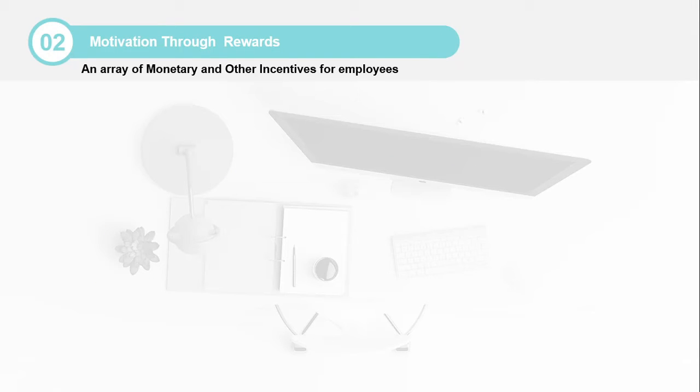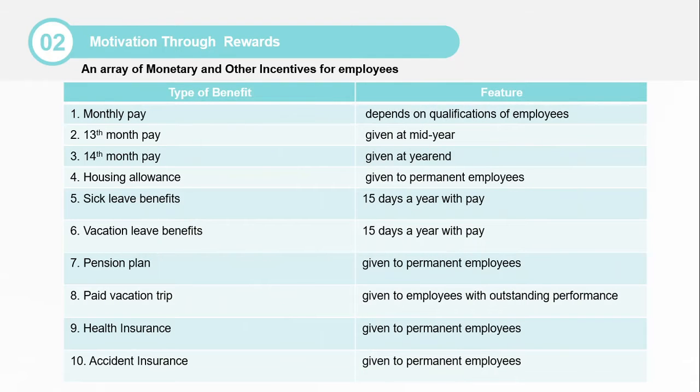So next is an array of monetary and other incentives for employees. As you can see in the table, you can see the type of benefit and the feature. In the first column, you can see monthly pay, 13th month pay, 14th month pay, housing allowance, sick leave benefits, vacation leave benefits, pension plan, paid vacation trip, health insurance, accident insurance.